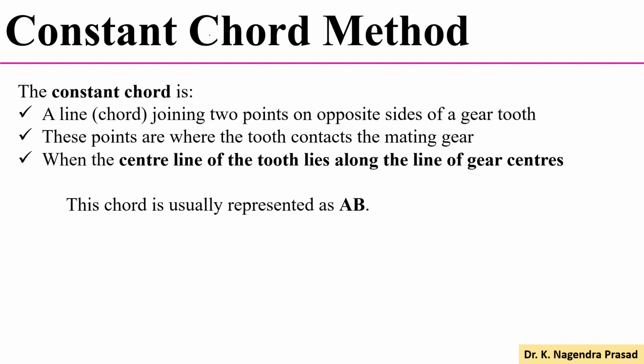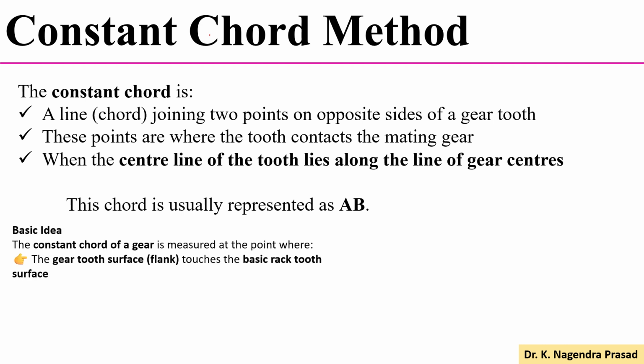This chord is usually represented as AB. The basic idea is that the constant chord of a gear is measured at the point where the gear tooth surface touches the basic rack tooth surface.